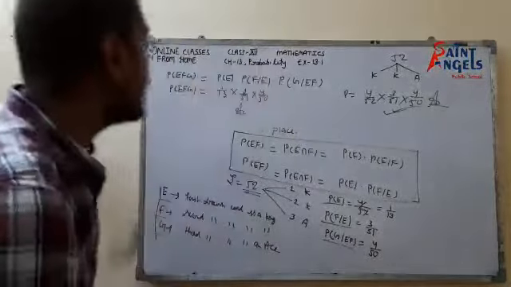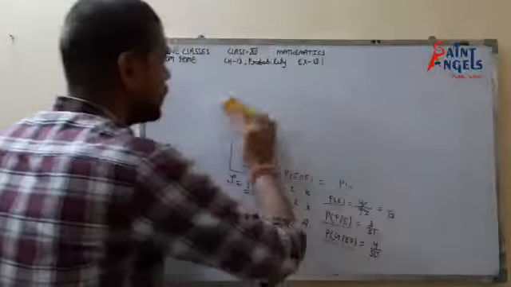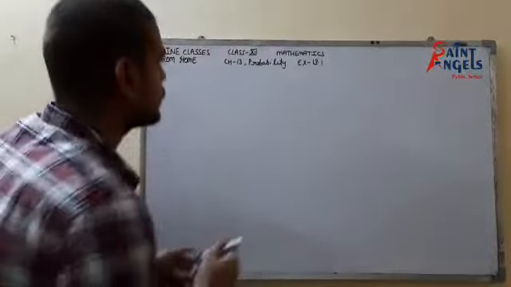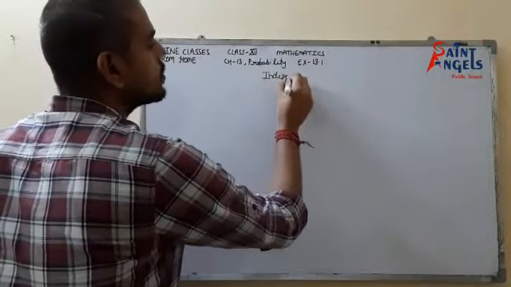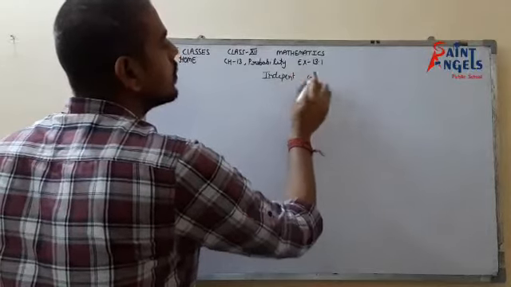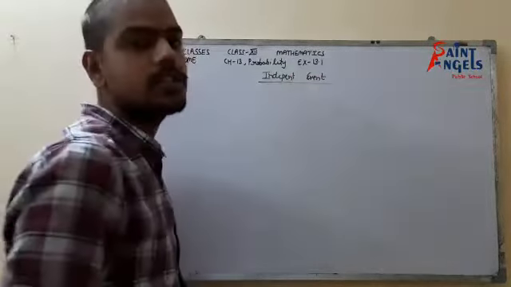Now the next concept is of independent events. We have already studied some types of events as well. They were mutually exclusive, exhaustive, simple and compound.